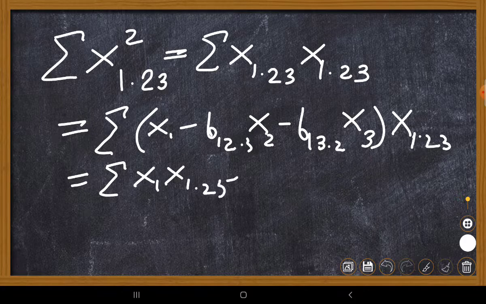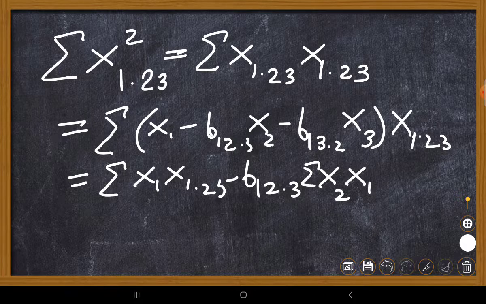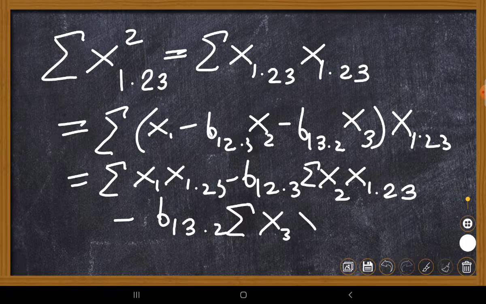So you have summation x1 x1.23 minus b12.3 summation x2 x1.23 minus b13.2 summation x3 x1.23.